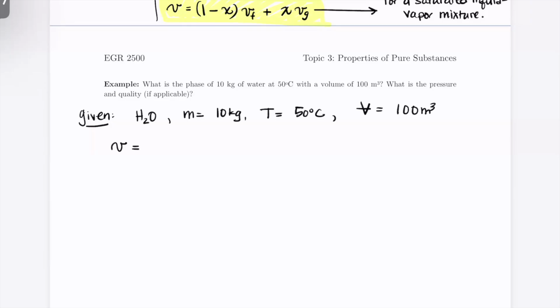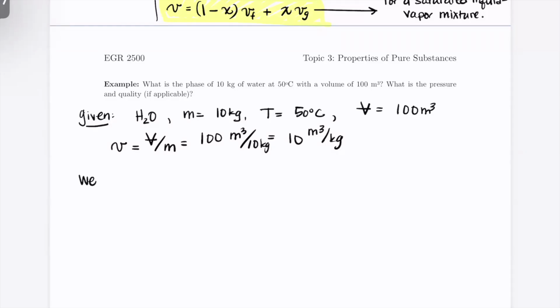So our specific volume is volume over mass, which is 100 meters cubed divided by 10, which is just 10 meters cubed per kilogram. All right. So what we're going to do is determine our phase by comparing our specific volume to VF and VG at 50 degrees C.